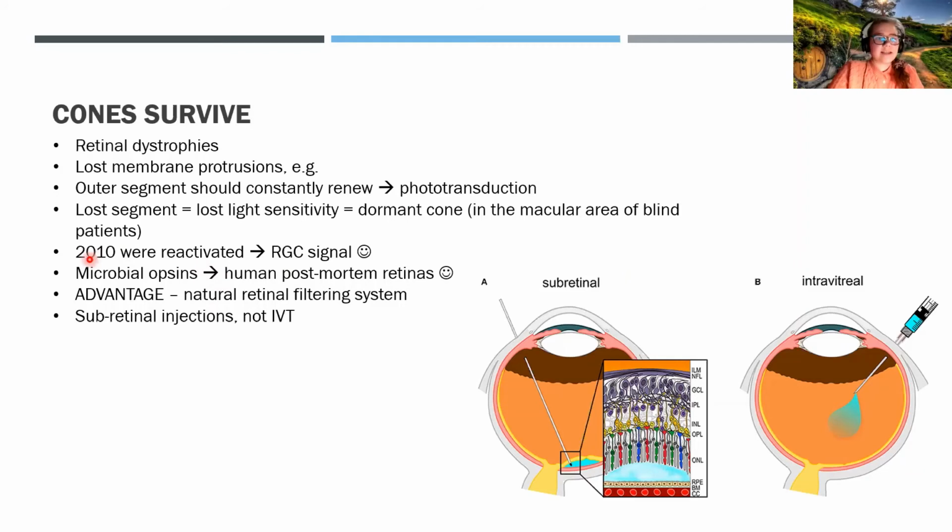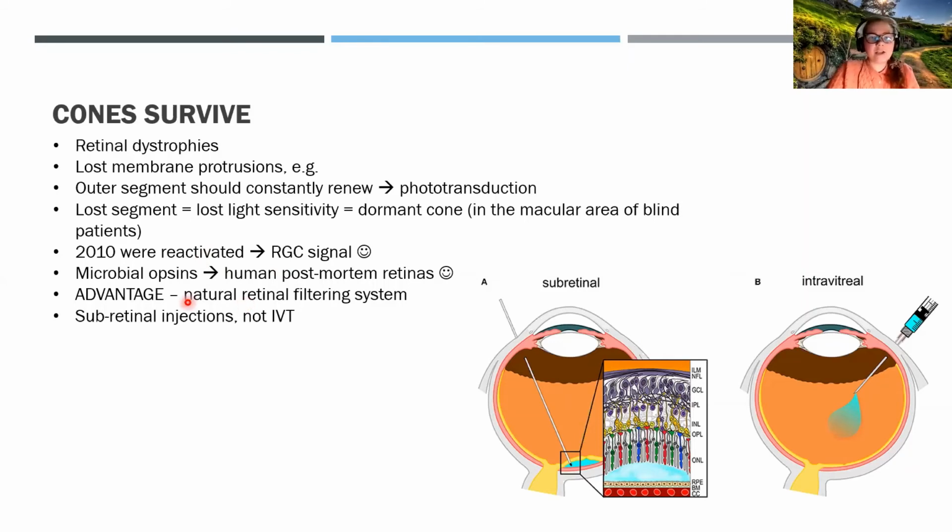In 2010, these dormant cones were reactivated, and retinal ganglion cells actually fired the signal, and people could record the signal. Microbial opsins were inserted into human post-mortem retinas. So there was no immunogenicity somehow, probably because these were only retinas and not a living human.